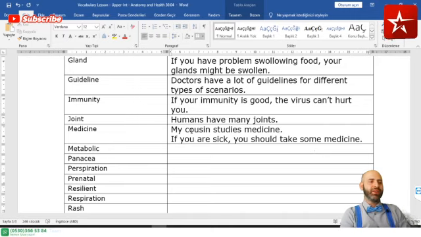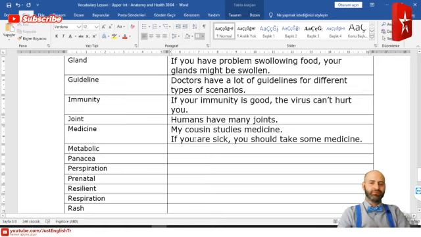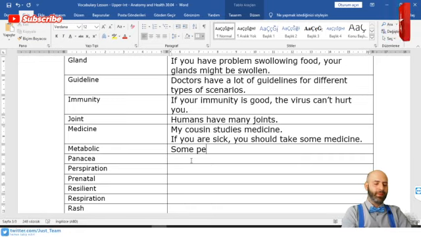Metabolic system is how the food is processed in our body. Some people have high metabolic system and others don't.